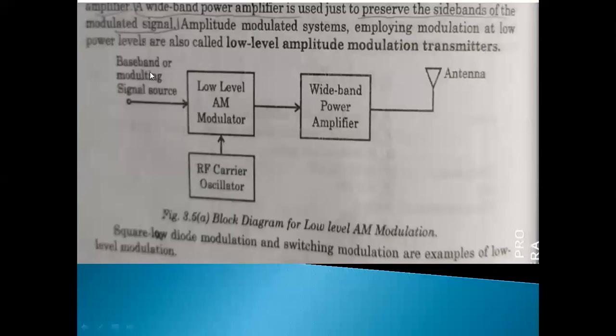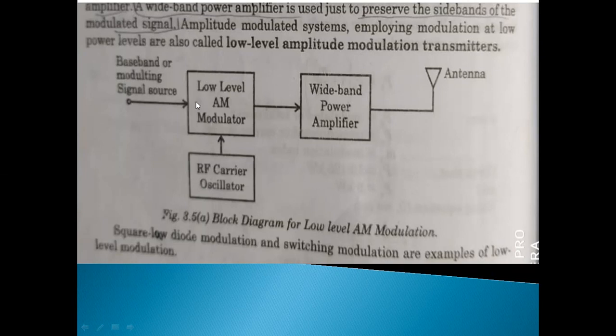The baseband signal, or the modulating signal, is given to the amplitude modulator, that is the low level amplitude modulator, and the RF carrier oscillator generates the carrier. So this is the carrier signal, this is the modulating signal, and both are given to the AM modulator, the low level modulator.